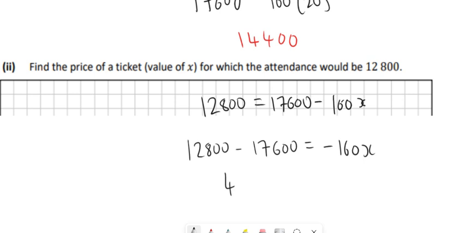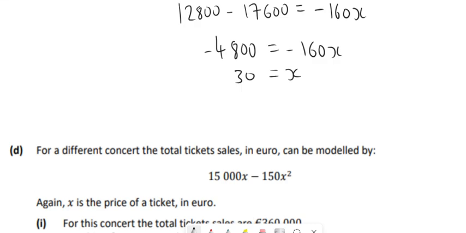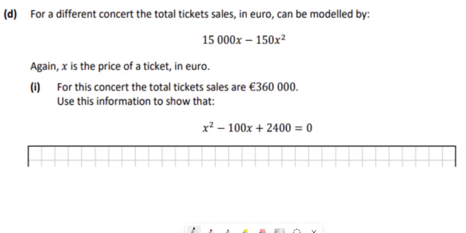We get minus 4,800 is equal to minus 160x, and then we divide that by 160 and we get 30. Therefore the price of the ticket was 30 in order to get an attendance of 12,800.